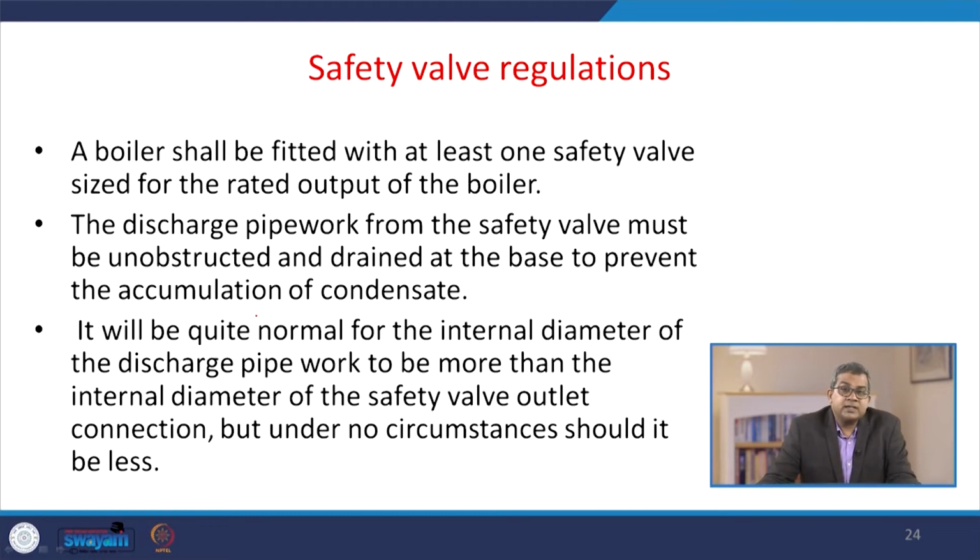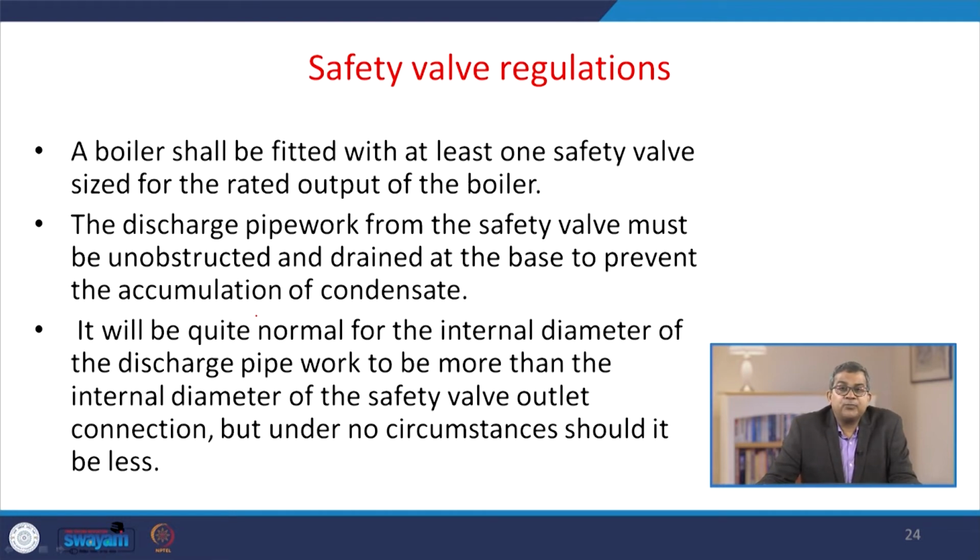The regulation says that a boiler shall be fitted with at least one safety valve sized for the rated output of the boiler. We have already given the mathematical correlation or statement which decides what should be the capacity of the safety valve.